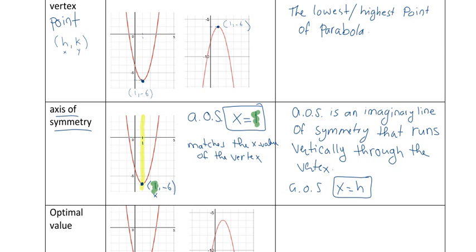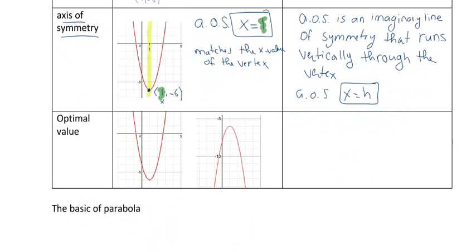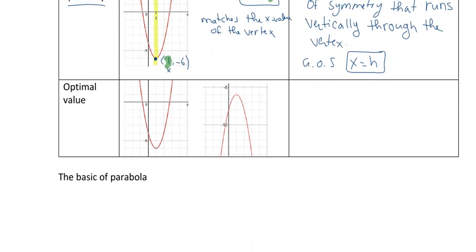Okay, so the last thing that we're going to talk about is what we call the optimal value. Value means it's either your highest, maximum, or your minimum value on the graph. So optimal means either max or min. It could be either or.